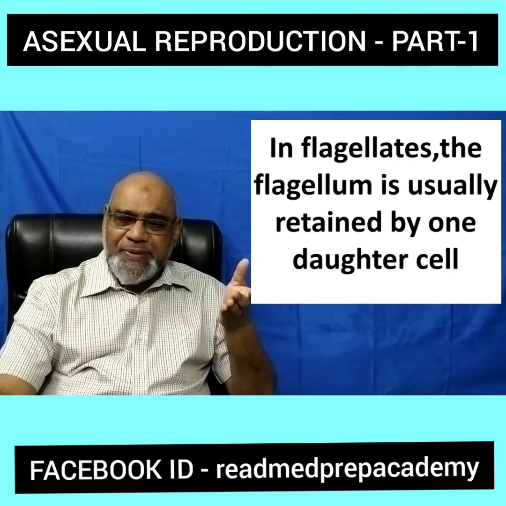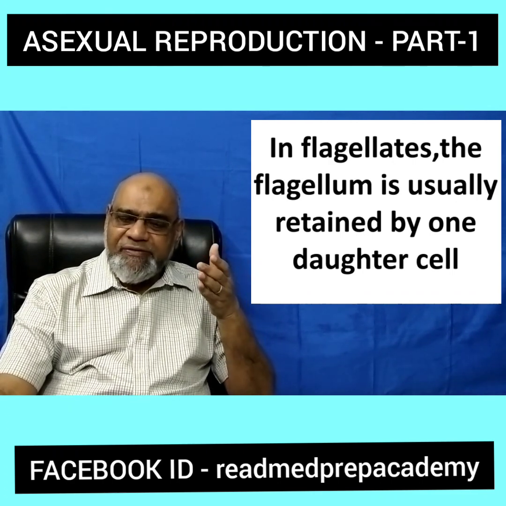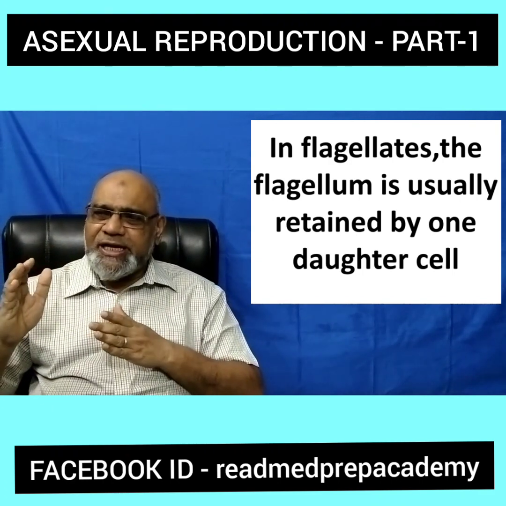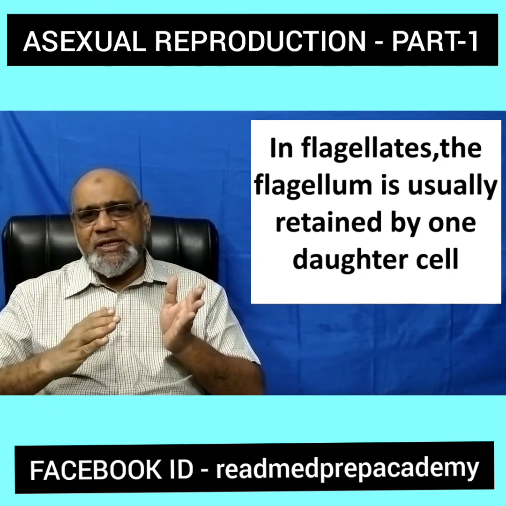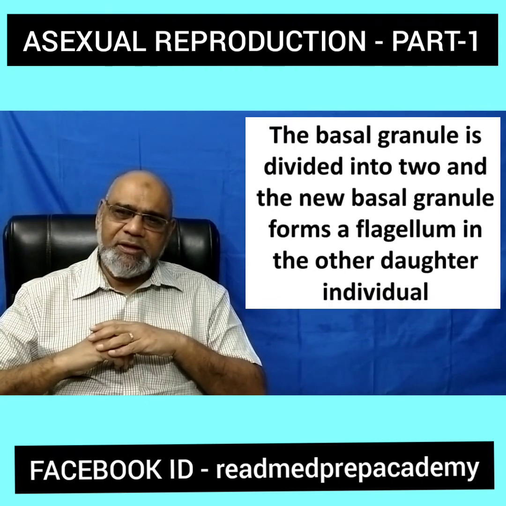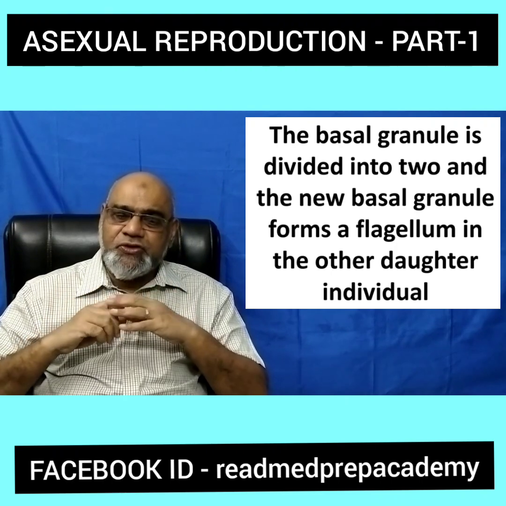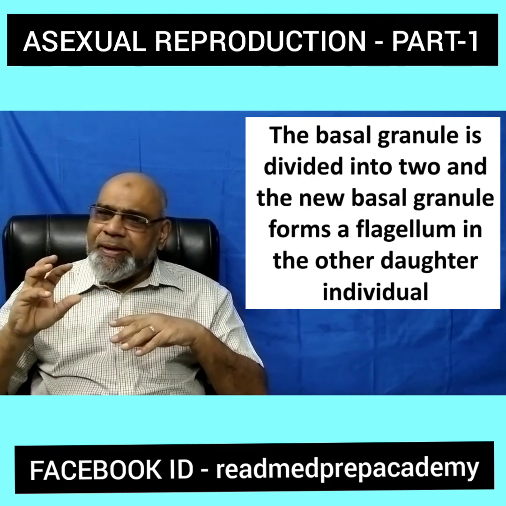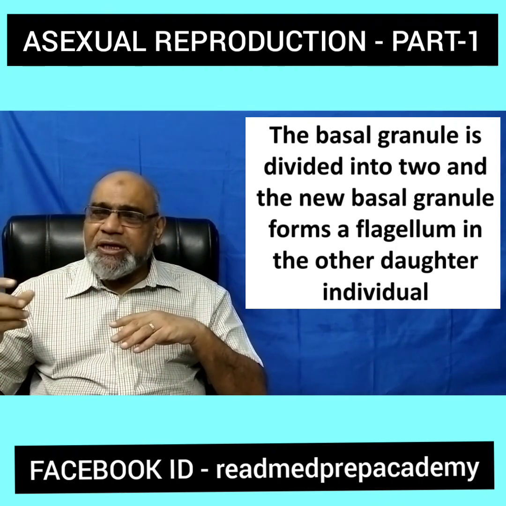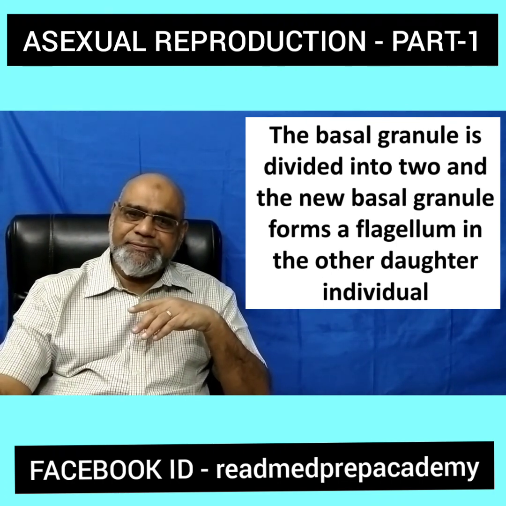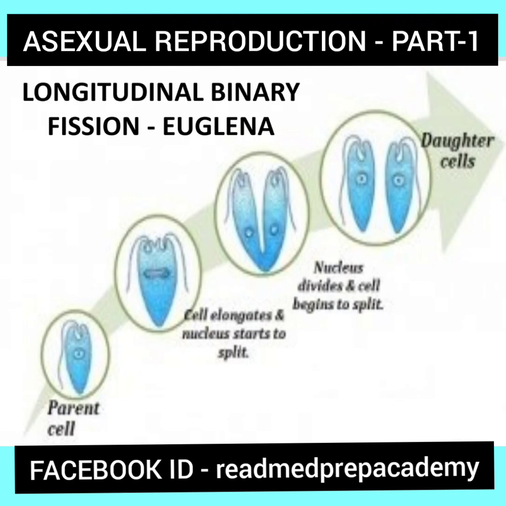For example, in flagellates, the flagellum is retained by one daughter cell and a new flagellum develops in the other daughter cell. The basal granule divides into two and the new basal granule gives a new flagellum to the daughter individual. This is seen in Vorticella and Euglena.